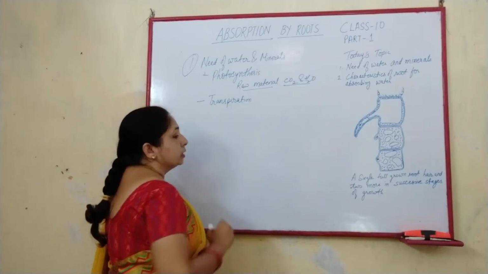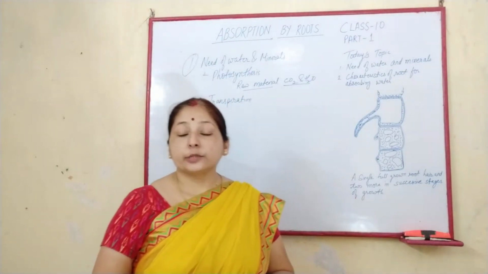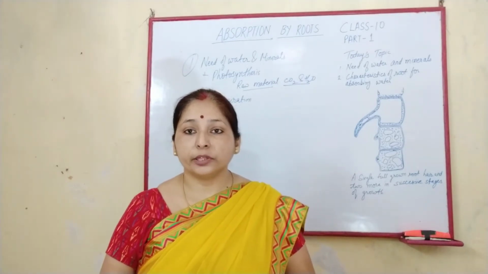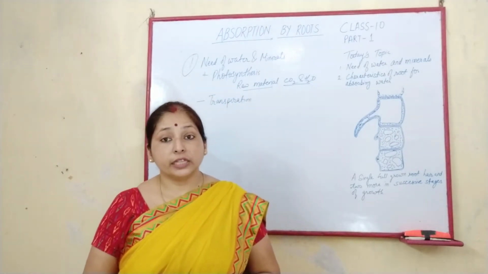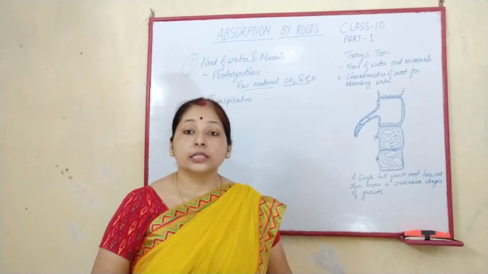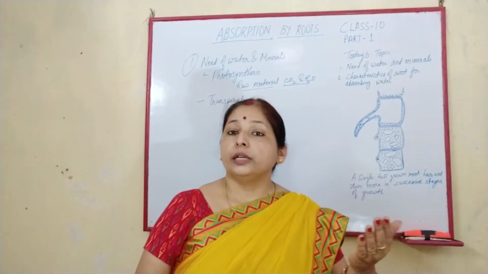Transpiration is the evaporation of water from the exposed surfaces of the plant, especially green surfaces like the surface of leaves and surface of green stems, as they contain stomata on the surfaces. From these stomata, water gets evaporated to the surrounding.